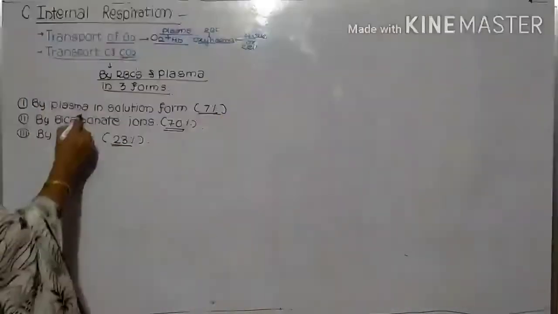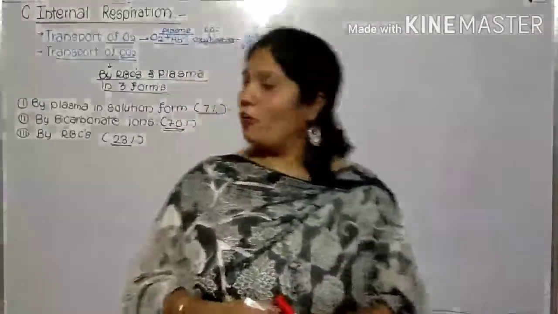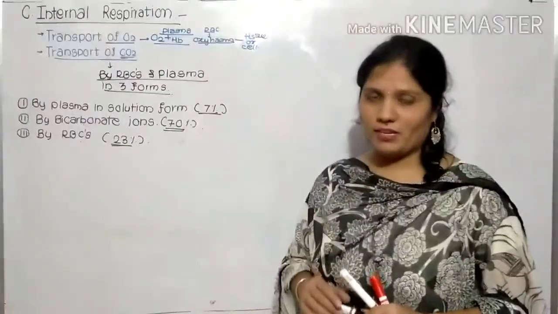So by these three forms, carbon dioxide gets transported from the tissues into the blood capillaries.